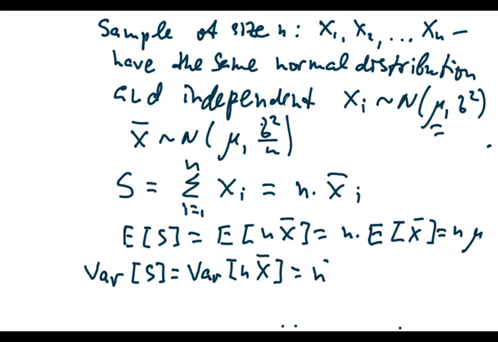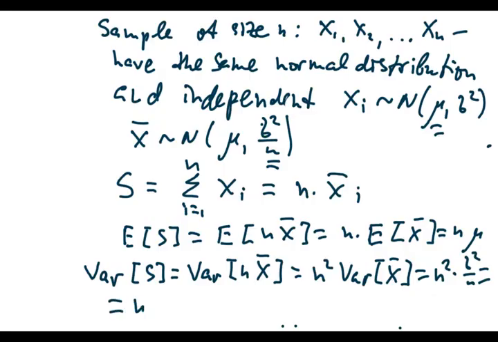This is n squared times variance of x bar, and variance of x bar, we know it is sigma squared divided by n, therefore it will be n squared times sigma squared divided by n, which equals n times sigma squared.